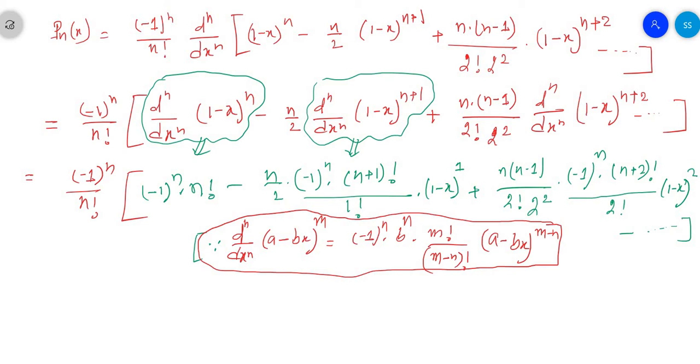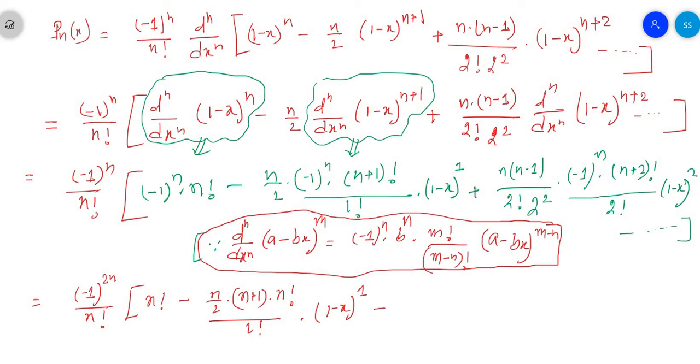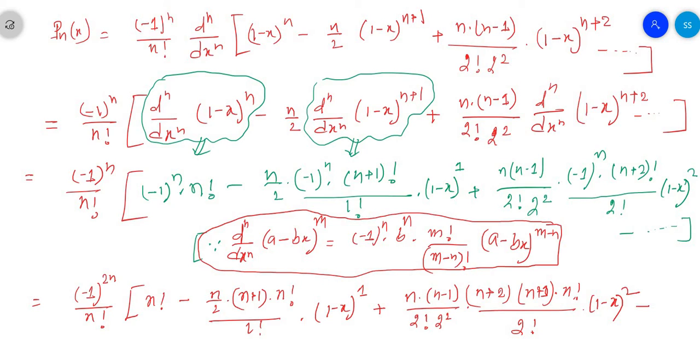Then we can write (-1)^(2n) over n factorial into n factorial minus n/2 into (n+1) n factorial over 1 factorial (1 minus x)^1 plus n(n-1) over 2 factorial 2 squared into (n+2)(n+1) n factorial over 2 factorial (1 minus x)^2 minus dot dot dot up to infinity.